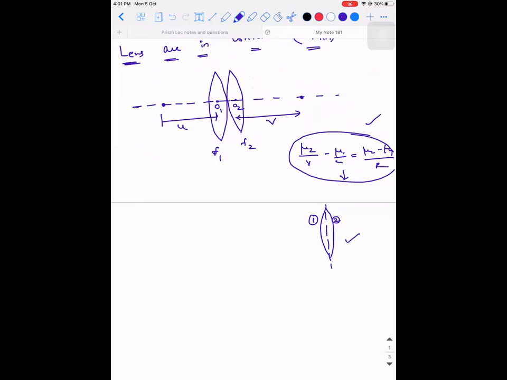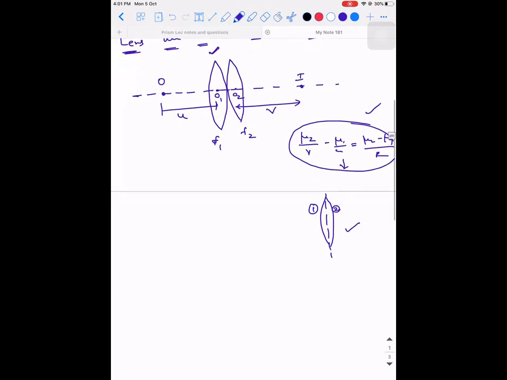So instead of breaking the lens itself into half, we'll break the system into 2 equal parts, such that the first lens will form an image of this object, which will behave like what? I1. The image formed by the first lens will behave like the object for the second lens. I hope that is clear, right? So when that is the case, observe. Can I write it like this?